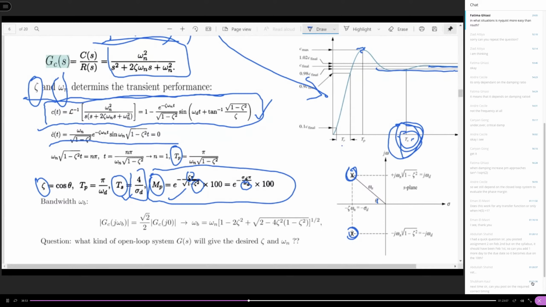So you can see the transient performance is very well characterized by two parameters, zeta and omega n, the natural frequency.